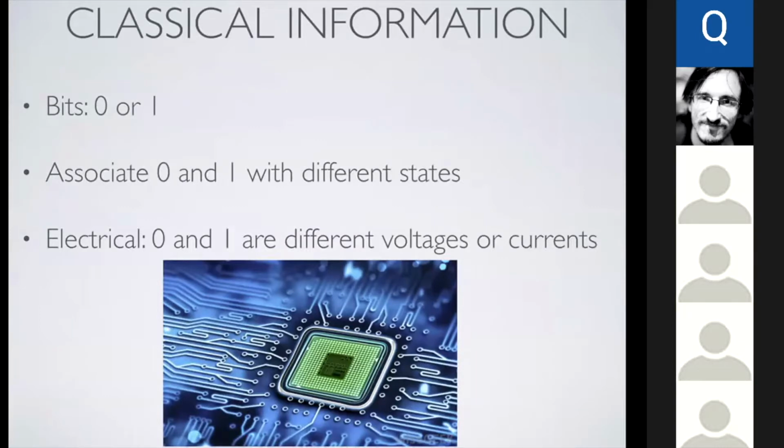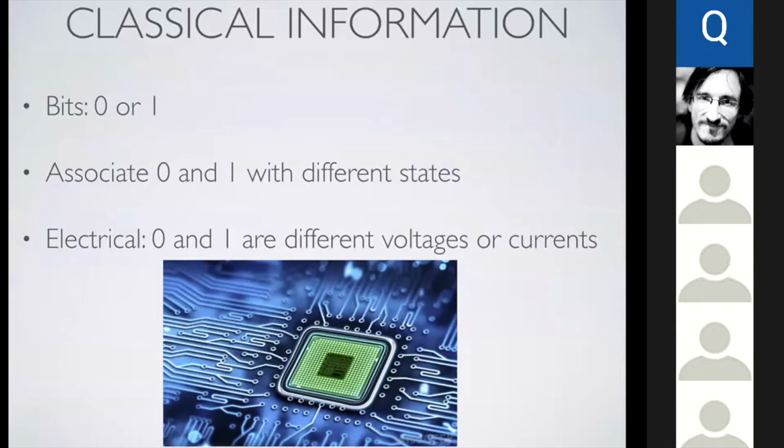So if we wanted to represent information using apples, we could say that if the apple is sitting to my left-hand side, that represents a 0, and if it's sitting to the right-hand side, that represents a 1. And that's really what binary information is. You just have different classical physical systems with different states. In this example, apples, but it can be anything, and they represent units of information.